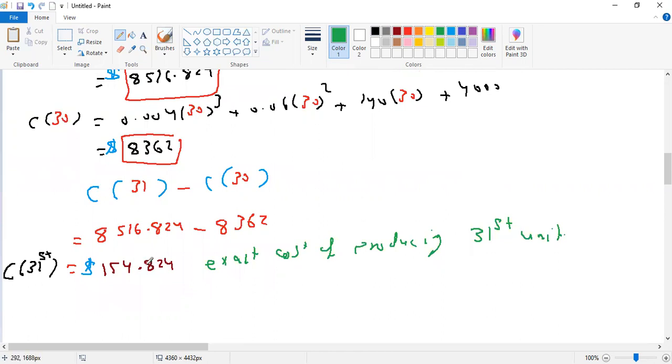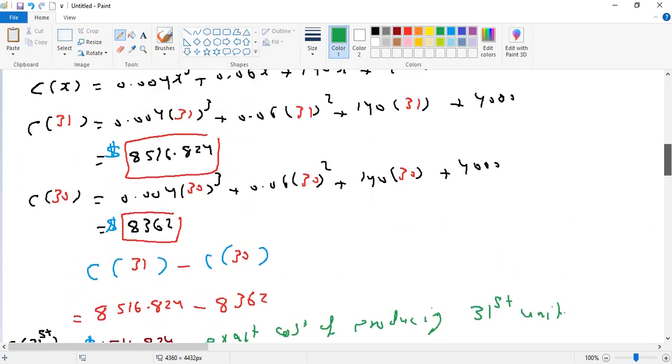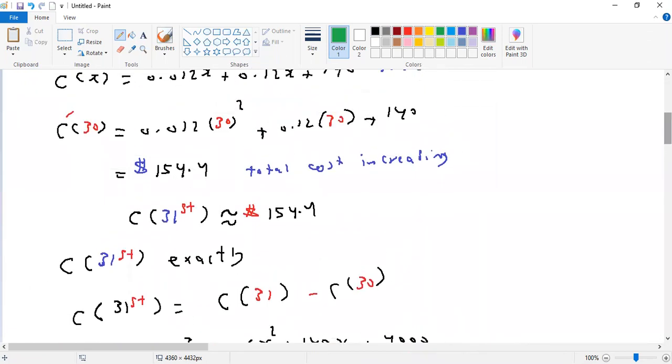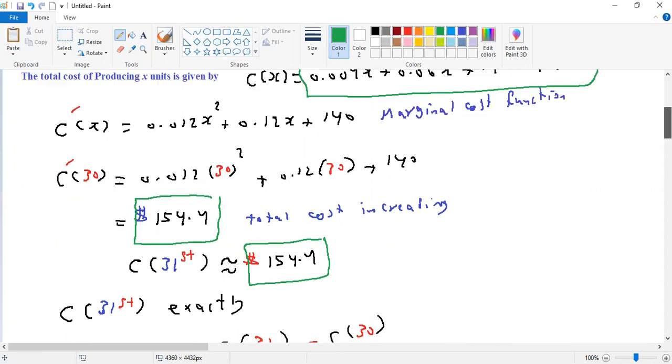Now what about C prime of 30? C prime of 30 is 154.4. This one is approximate. The cost of the first unit is approximately $154.4, because we replaced 30 in the derivative.